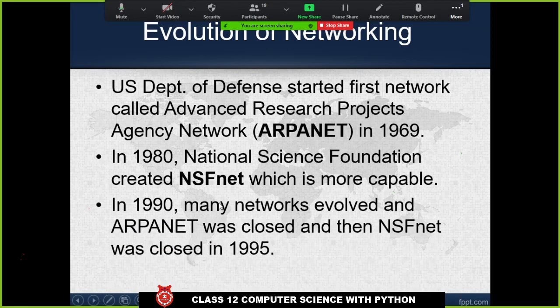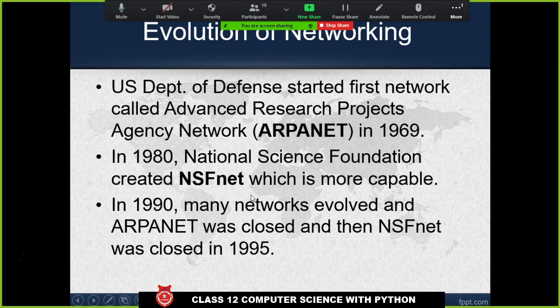In the 1990s, many networks evolved, and ARPANET was closed, and then NSF was also closed in 1995 because there are many other networks which are much better than ARPANET and NSFNet, so they were closed down for various reasons.